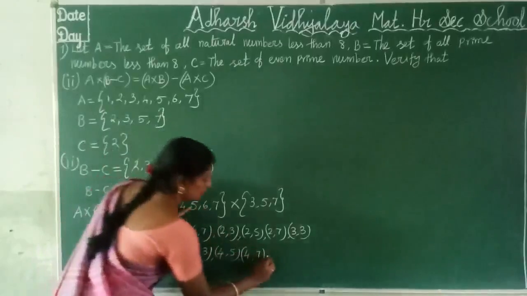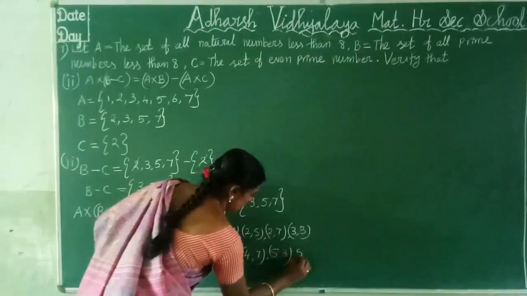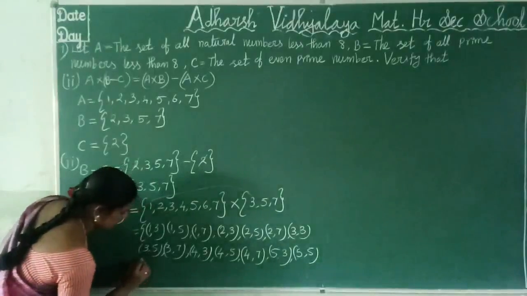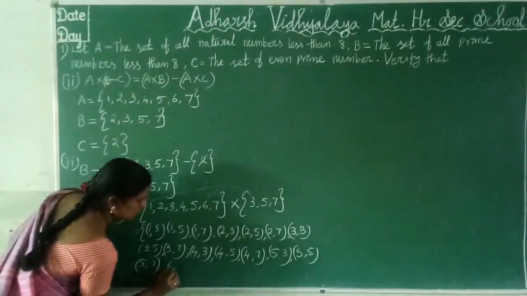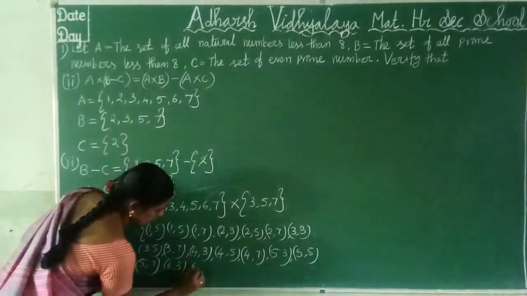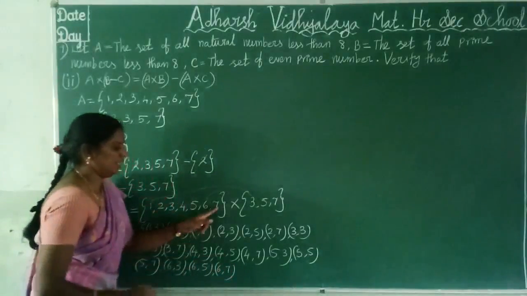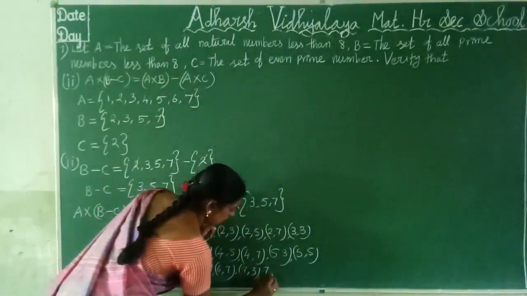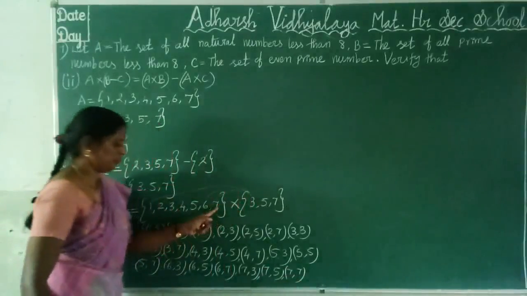Next 5: (5,3), (5,5), (5,7). Next 6: (6,3), (6,5), (6,7). Next we take 7: (7,3), (7,5), (7,7). So that's all.